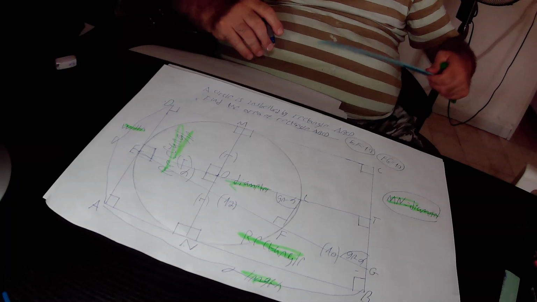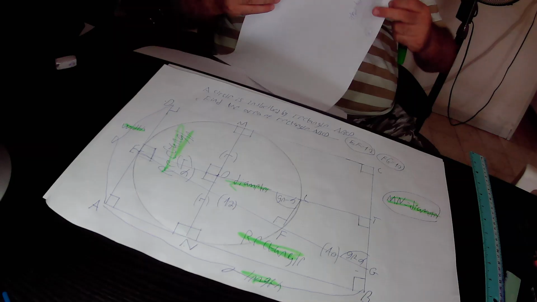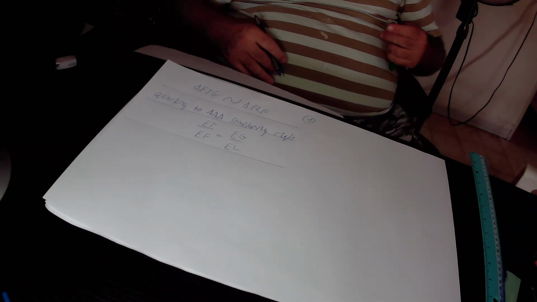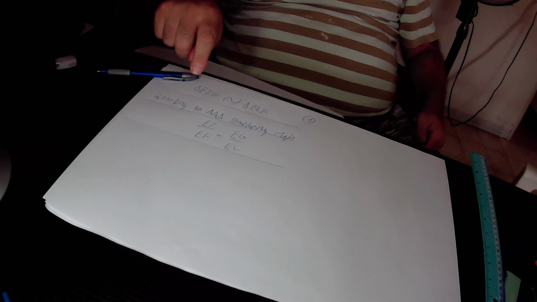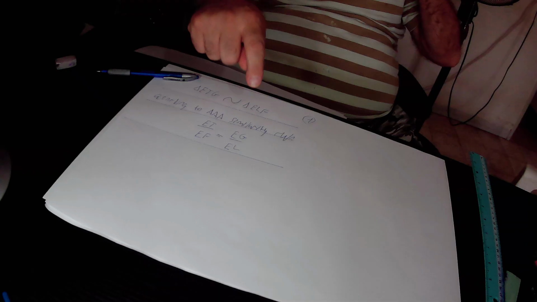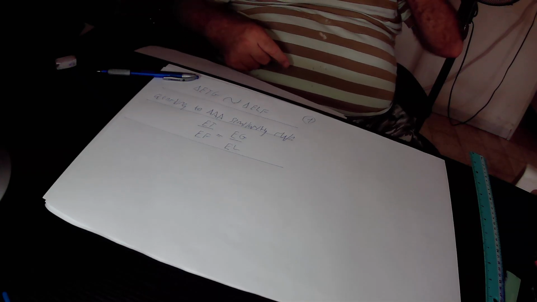So again, from the fact that those two right triangles are similar to each other, we derive that the following relationship exists between their sides: side ET of the big triangle ETG over side EF of the small triangle ELF equals side EG of the big triangle over side EL of the small triangle.